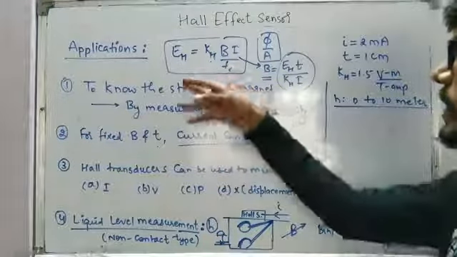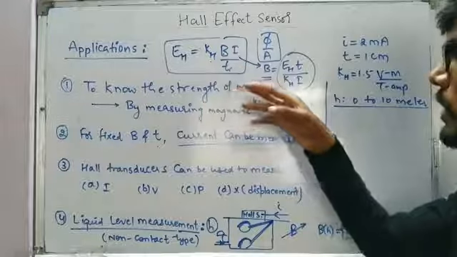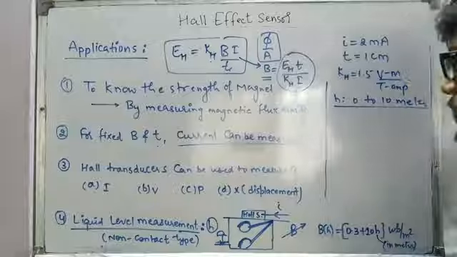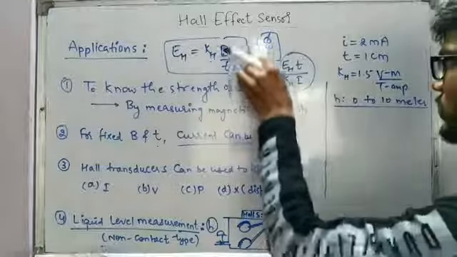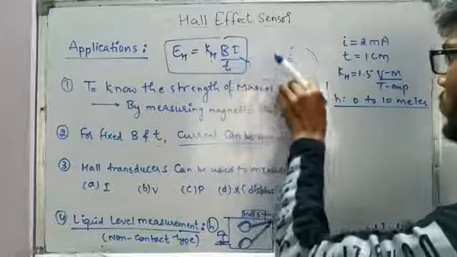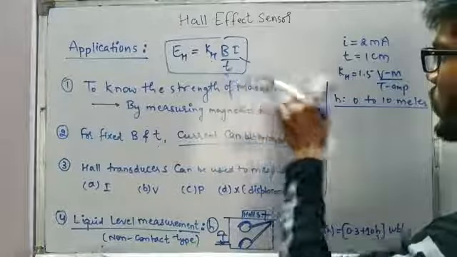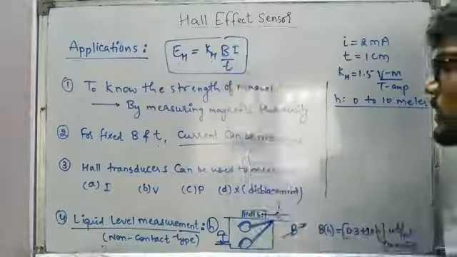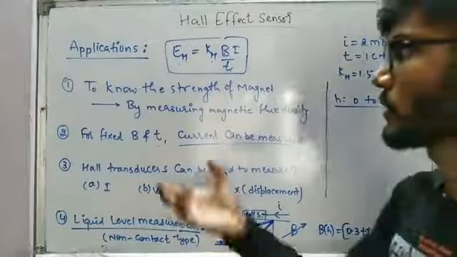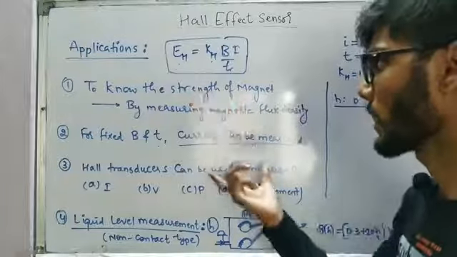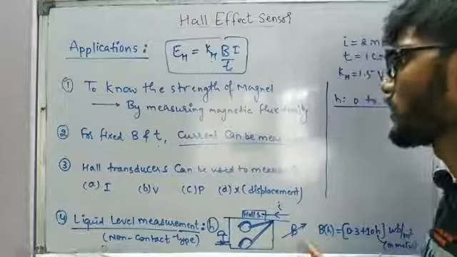And if we have EH, KH, B and T, we can measure the current also. We have one formula, and using whatever things are available we can calculate the unknown, provided that we have only one unknown. So that's the basic idea. We make use of the Hall sensor in knowing the strength of a magnet, and also in knowing the current in the circuit.